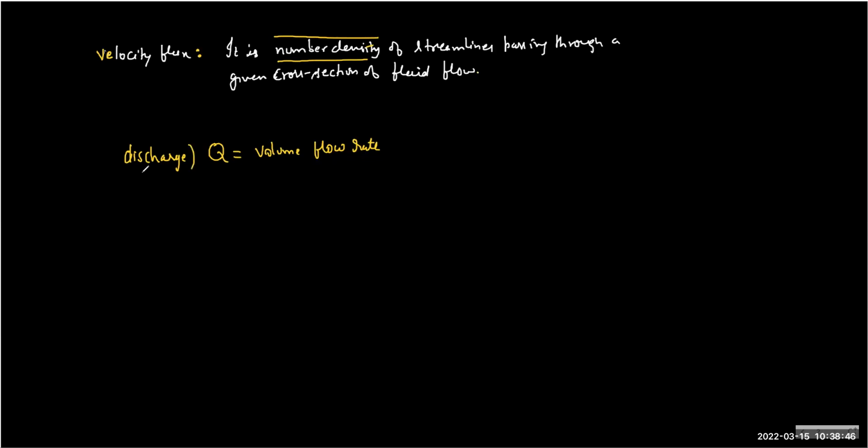And this is the same as velocity flux. All are just names. You can say discharge, you can say volume flow rate, you can say velocity flux, everything is the same.